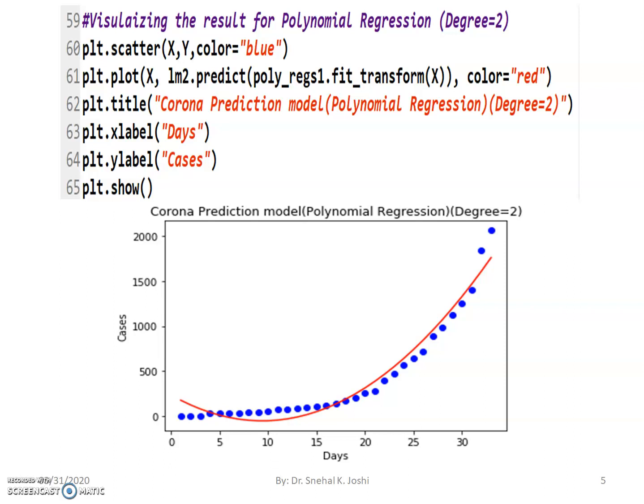So we add title, x label and y label, and finally we display it. You can see that it is a parabolic representation of the plot, but it does not match exactly with the actual data set.